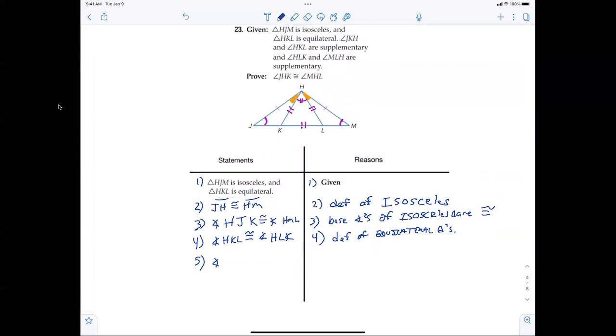HKL and JKH. These two are supplementary, right? And these two are supplementary. Isn't that what you're talking about? I'm saying HLM is supplementary to HK. No, I don't want to say that. I want to say supplements of congruent angles are congruent.